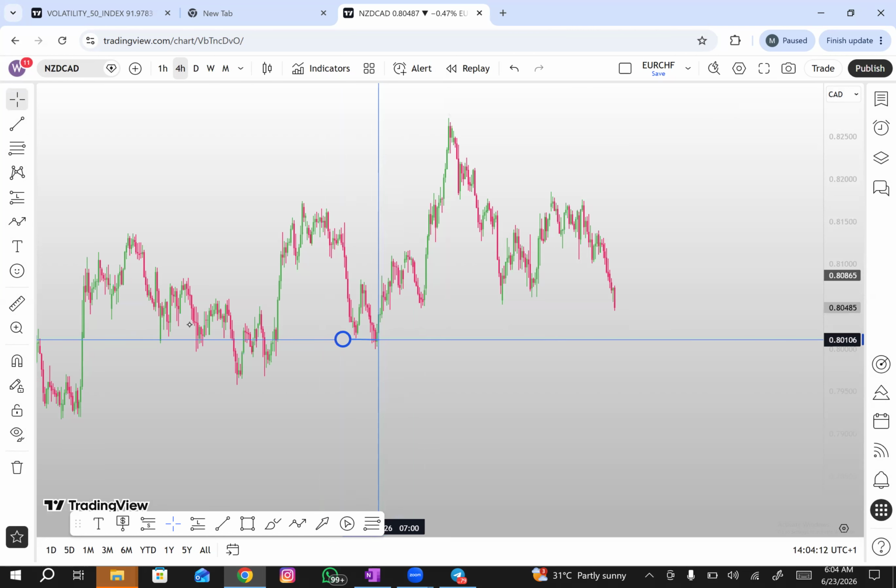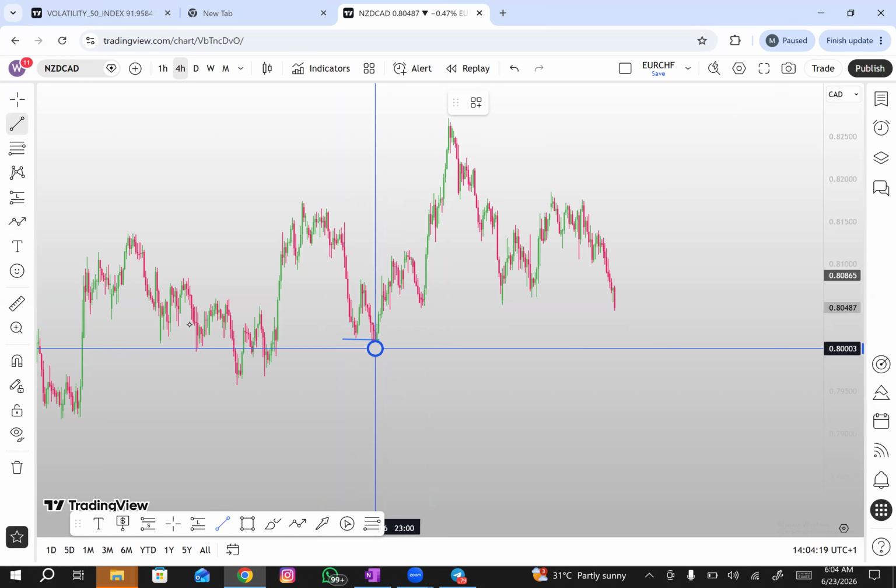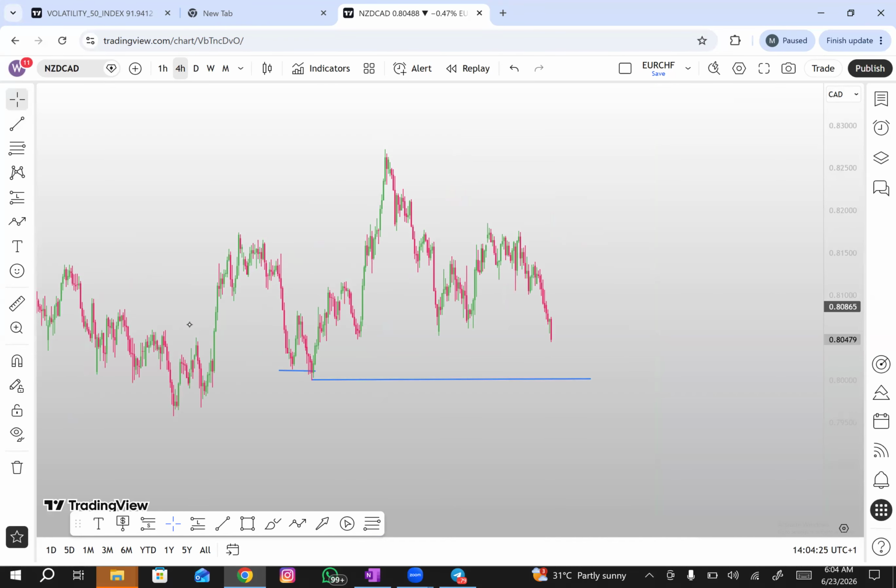We have a sweep right here. This is the main low. And then this is a structural liquidity right here. And then we have our break of structure right here.